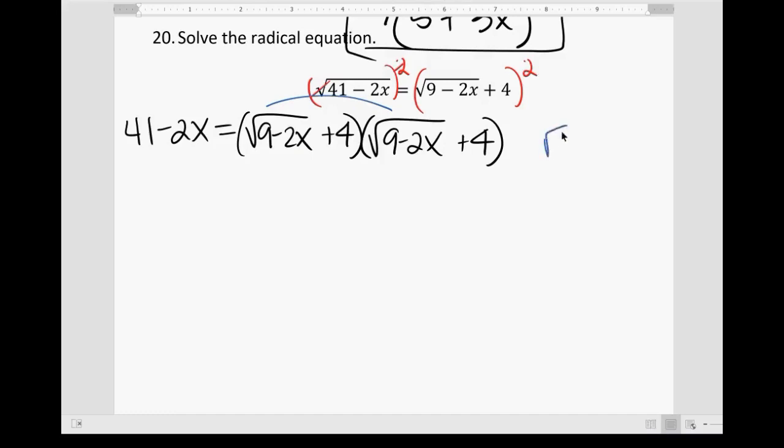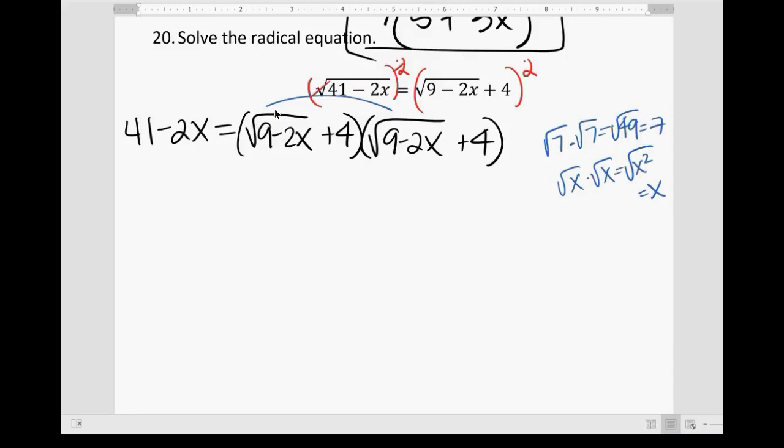For example, the square root of 7 times the square root of 7 is the square root of 49, which equals 7. The square root of x times the square root of x is the square root of x squared, which equals x.